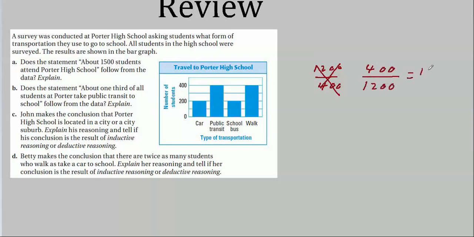And I'd say that equals 1/3, doesn't it? And what was the question? About 1/3 take. So, yeah, I would say the data does support that statement.